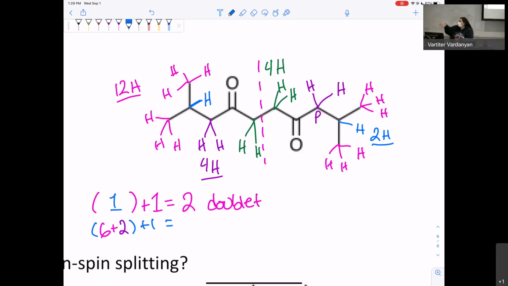So you don't have to do them separately. I'm just doing it color coded so you know where each number is coming from. Okay, cool. But that was a good question. So 6, 7, 8, 9. So what is this called? A nonet or a multiplet, because we're all lazy chemists.